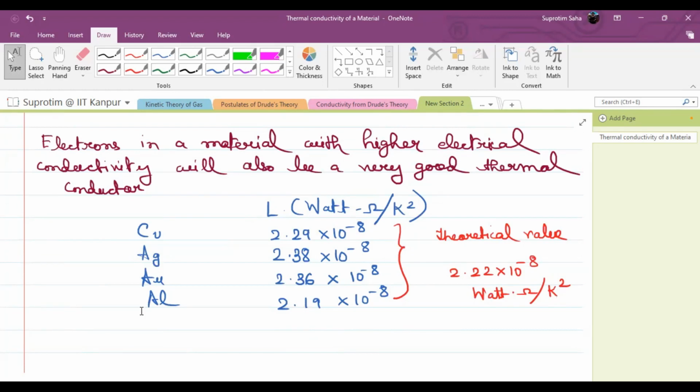Today we learned about the thermal conductivity of a material and whether or not it has a connection with the electrical conductivity. We answered it: the ratio remains constant, and it's the very popular Wiedemann-Franz law.